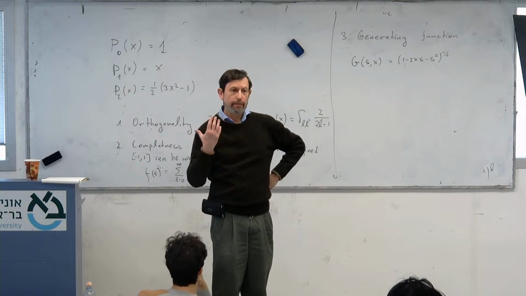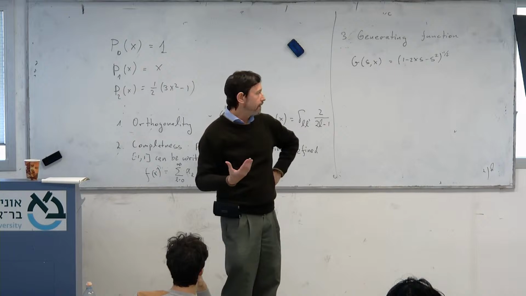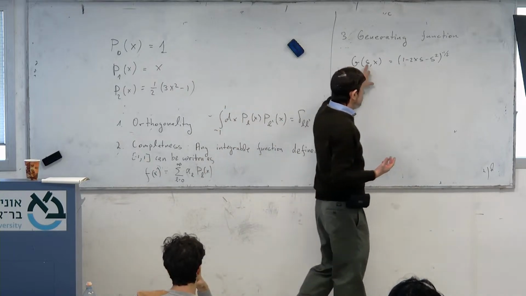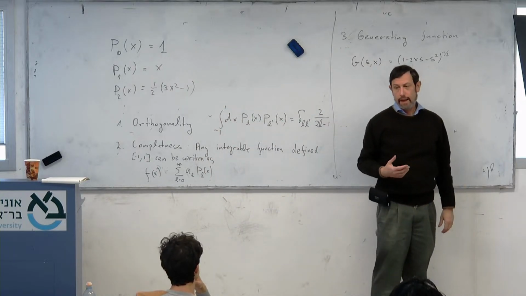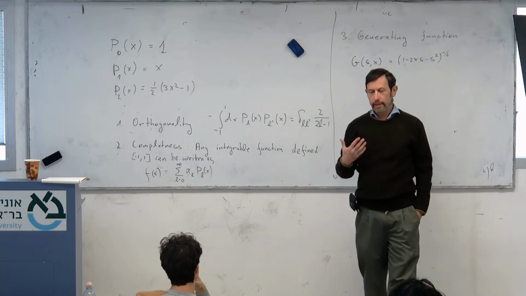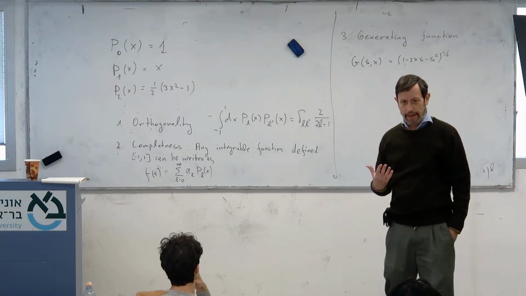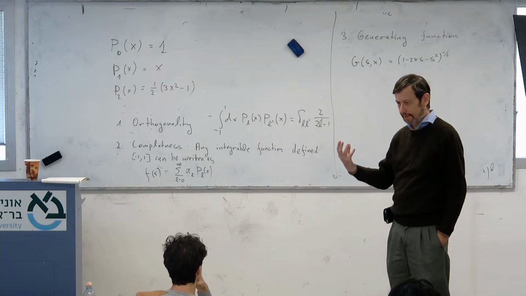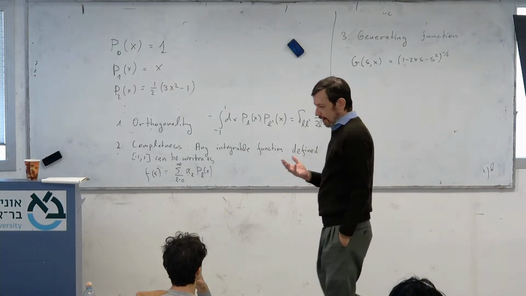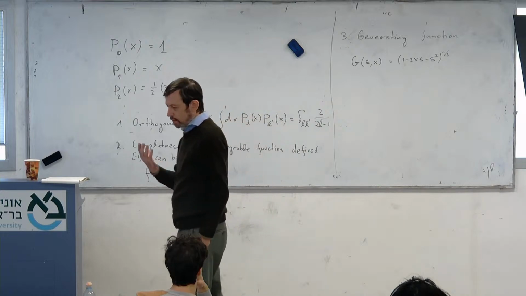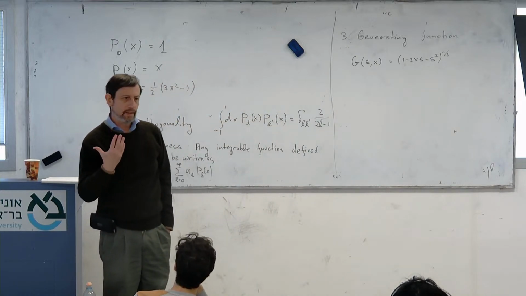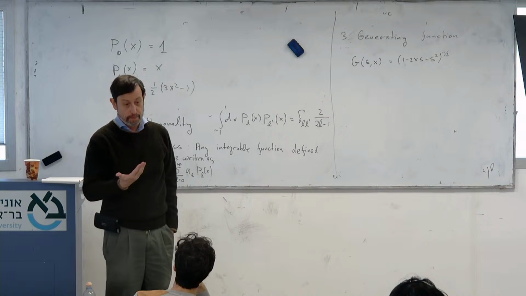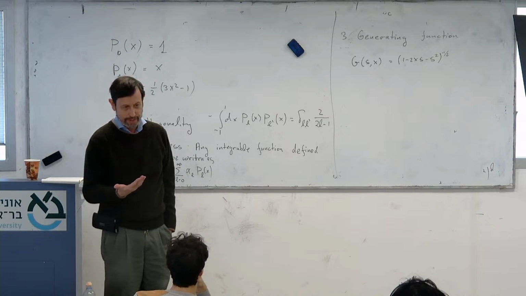A generating function is a function that if you take the s and take it in the limit of 0 and write down a Taylor expansion, you will get as the components of the Taylor expansion the polynomials that we are interested in.